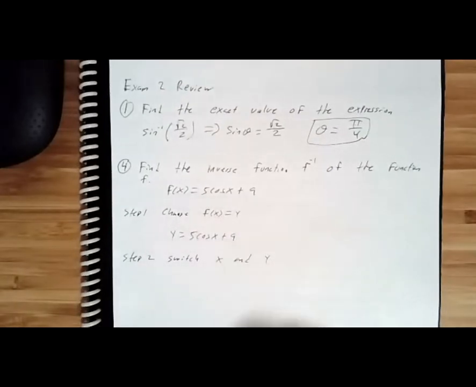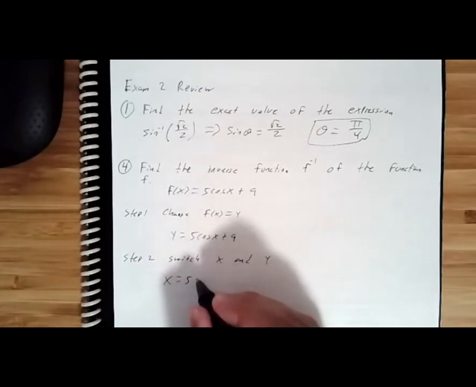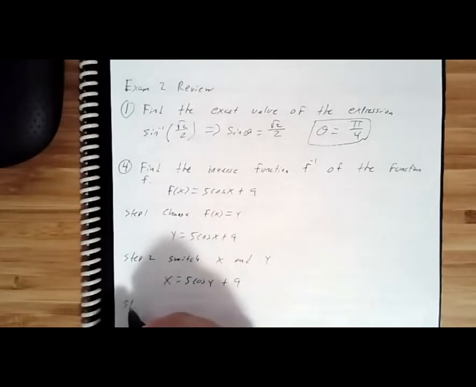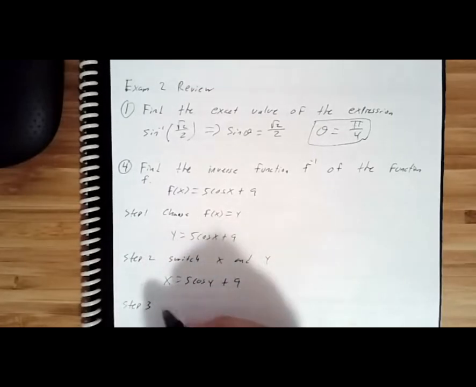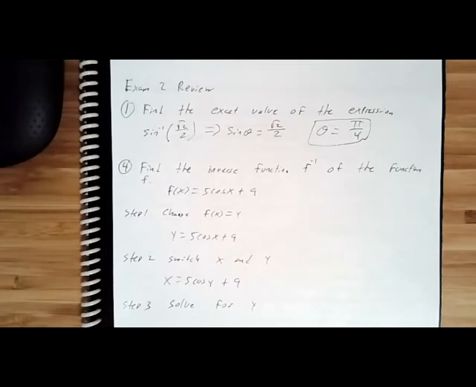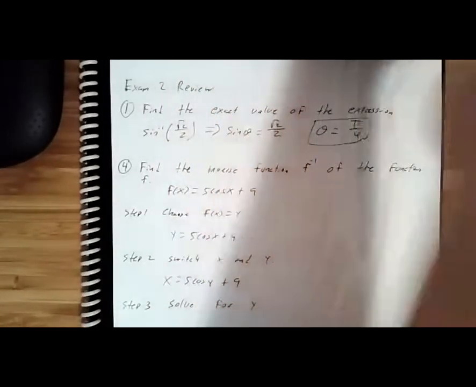So that will be x equal to 5 cosine y plus 9. Step 3, solve for y. So here we just do algebra. This will isolate the cosine and then introduce inverse cosine.